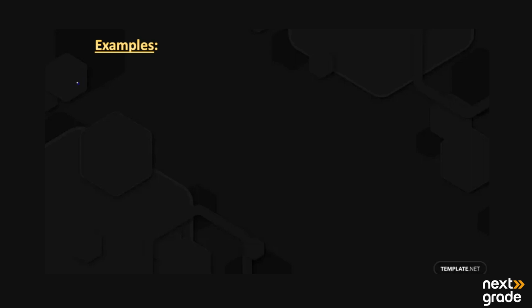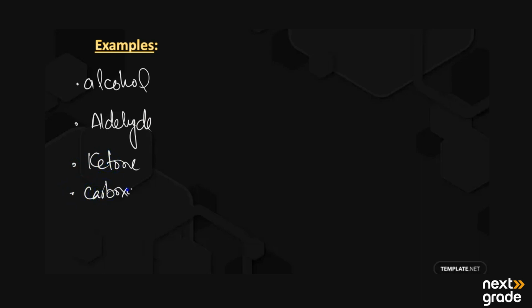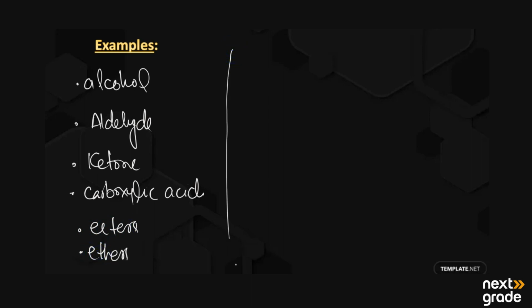For example, the first class we have is alcohols, second aldehydes, third ketones, then carboxylic acids, esters, ethers, alkyl halides, and amines.